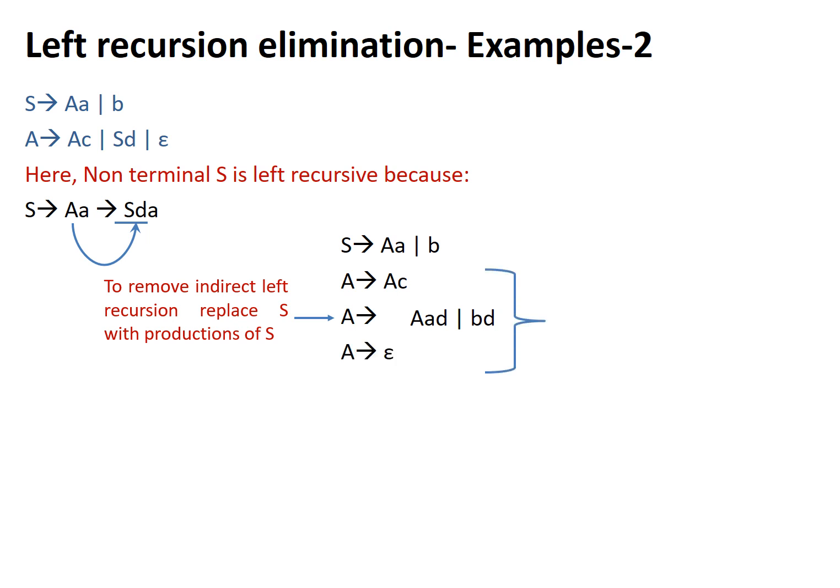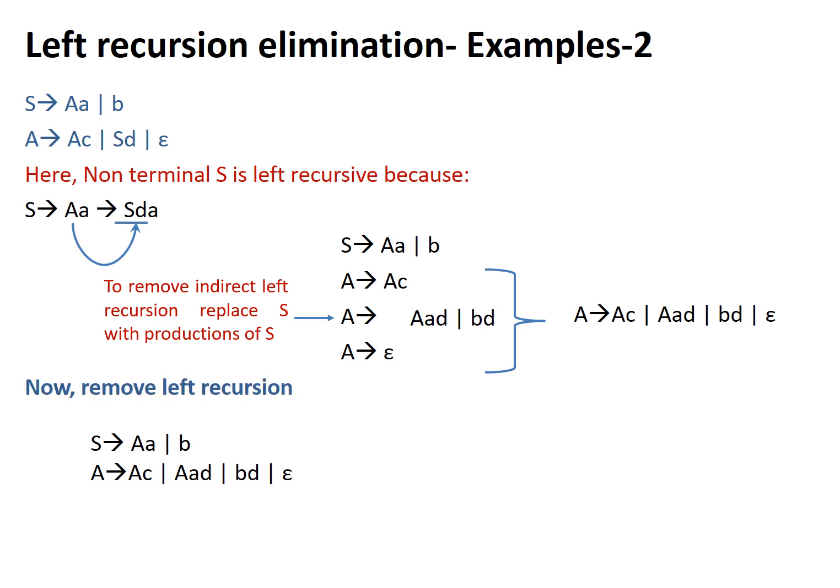Then these two productions can be written like this: A gives AC or AD or BD or epsilon. So altogether it becomes like this. S gives A or B. A gives AC or AD or BD or epsilon.